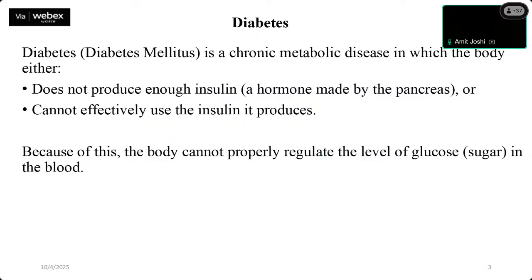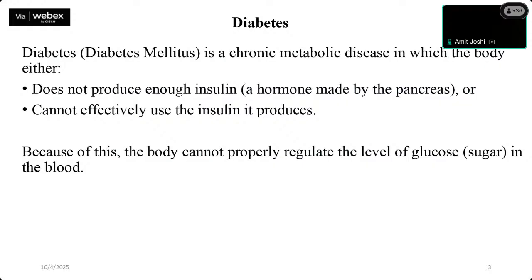If no insulin is being produced, then it is type 1 diabetes, and if some amount of insulin is being produced, then it is type 2 diabetes. Type 1 diabetes is more dangerous because insulin is not being generated at all. Because of this, the body cannot properly regulate the level of glucose in the blood.